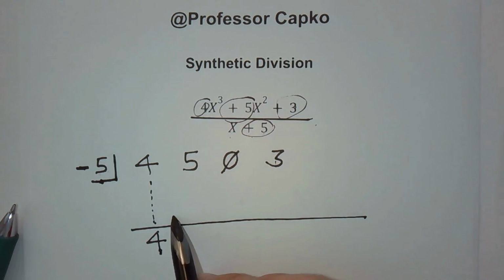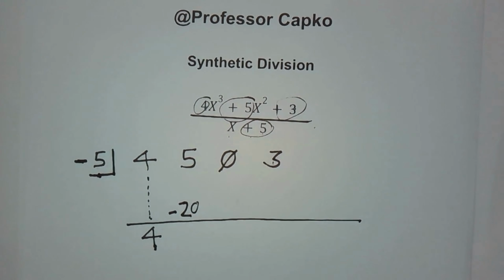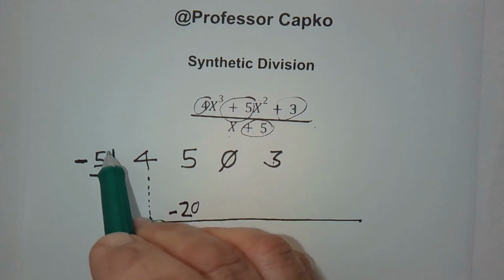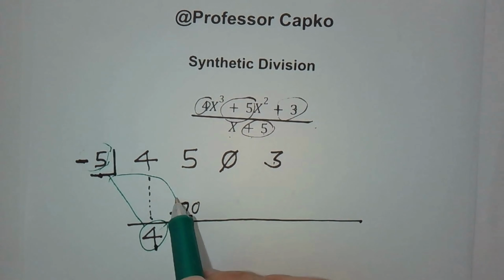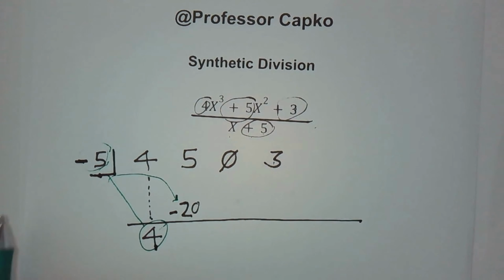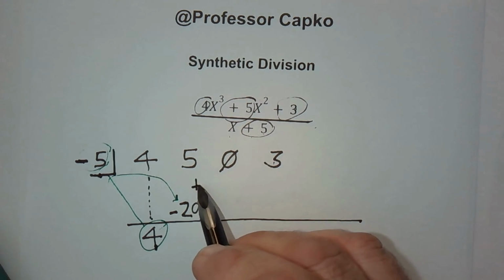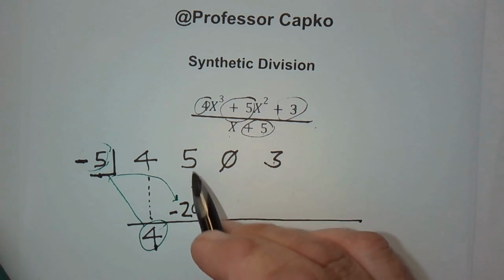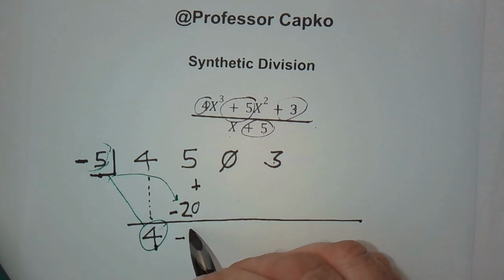I'm going to take that answer, I'm going to write it right here in this column above the line, negative 20. So again, I took this number and I multiplied it by this number here, and then I put the result here. So I've got the negative 20 here. I'm going to add here to the number that's above it. 5, that's a positive 5, plus a negative 20 is a negative 15.